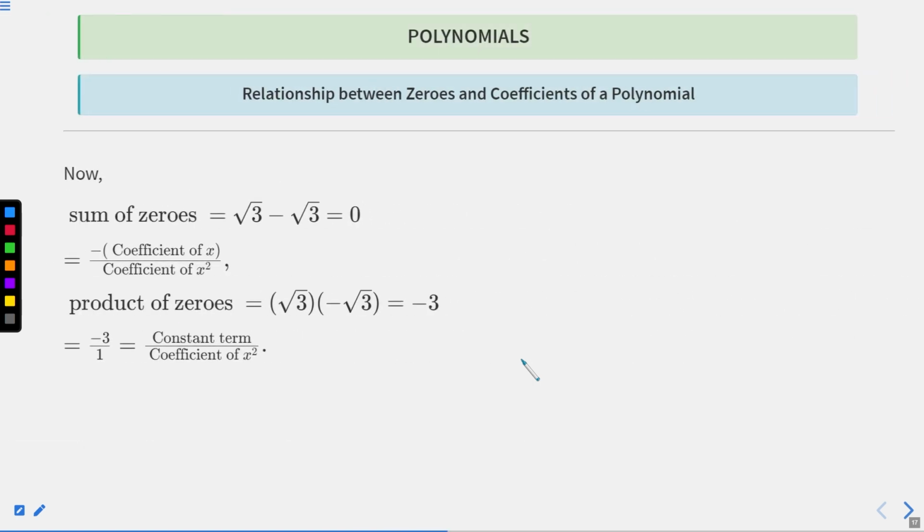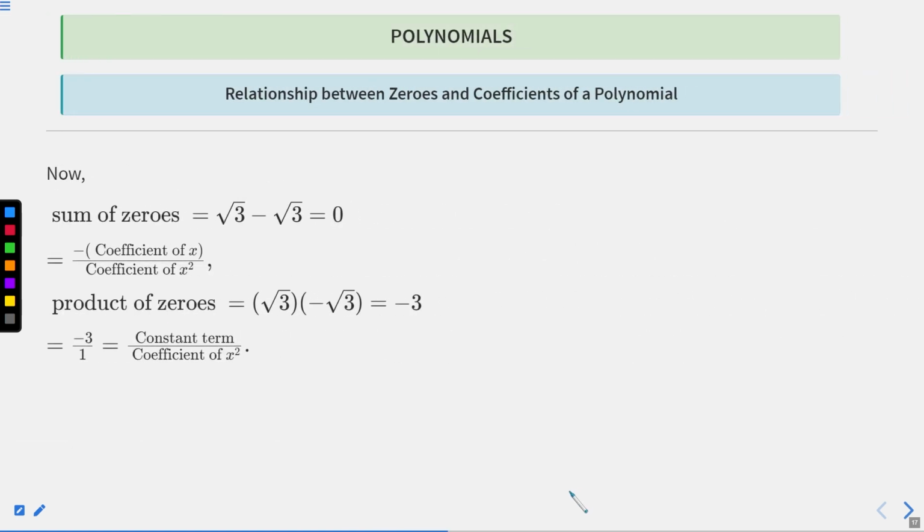Now we have to verify the relationship between zeros and coefficients. The sum of zeros is root 3 plus minus root 3, which is equal to 0. Here we compare the coefficients with this sum of zeros, for the quadratic polynomial x square minus 3.